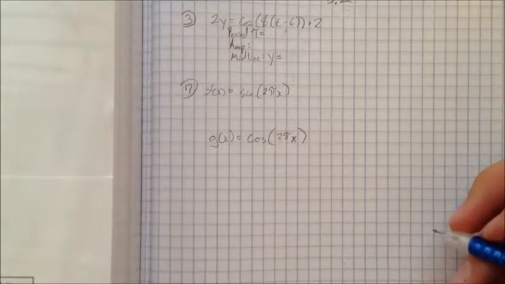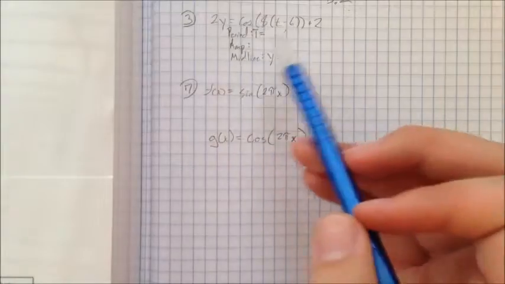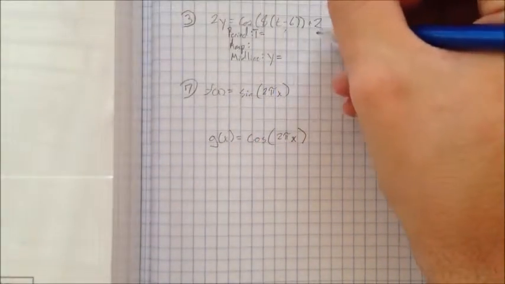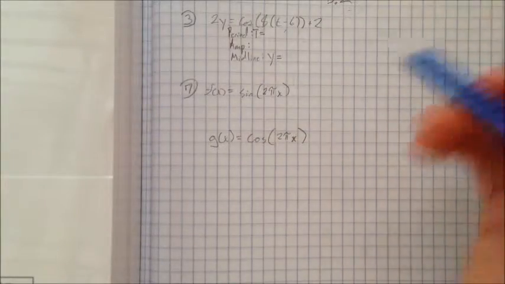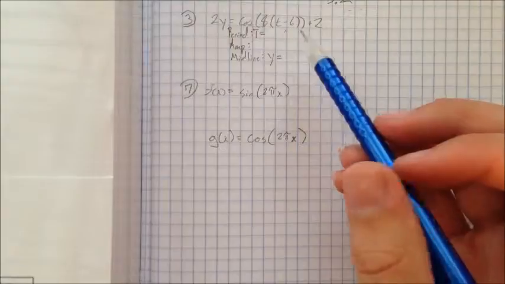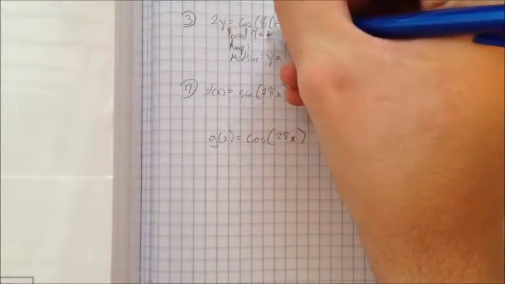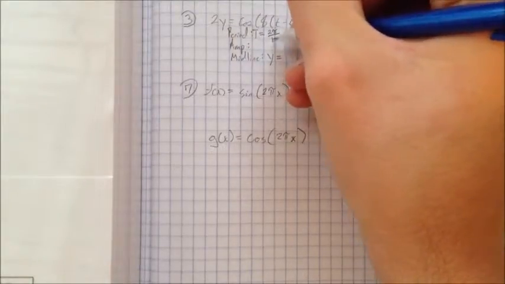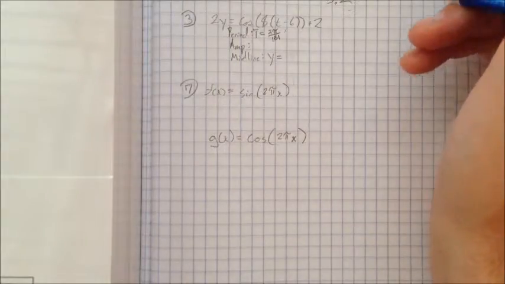All right. So with this, what we need to do is use the formula to find these. First, we can find the period right now. The period is always 2 pi divided by the absolute value of b, right?